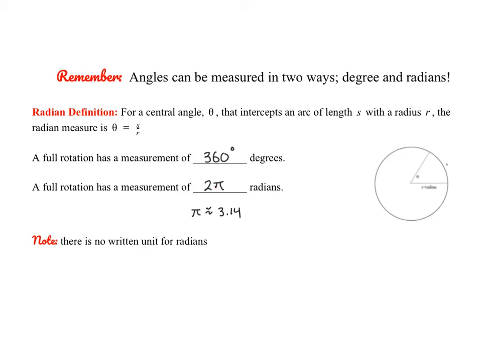The pi is not the unit for radians. Pi is part of the number. So whenever we're working with radians, you just have the number there. You don't actually write out radians. It's kind of implied, if you don't see a unit, that it's in radians. But just remember, a full circle is 2 pi. So that's going to be really important as we move forward with today's lesson.